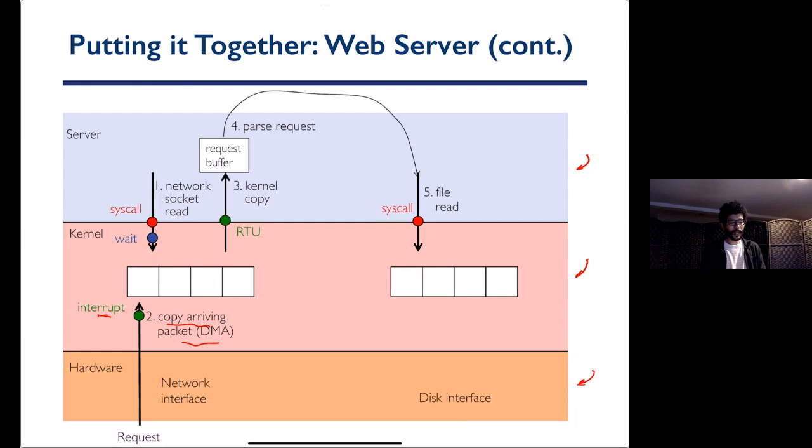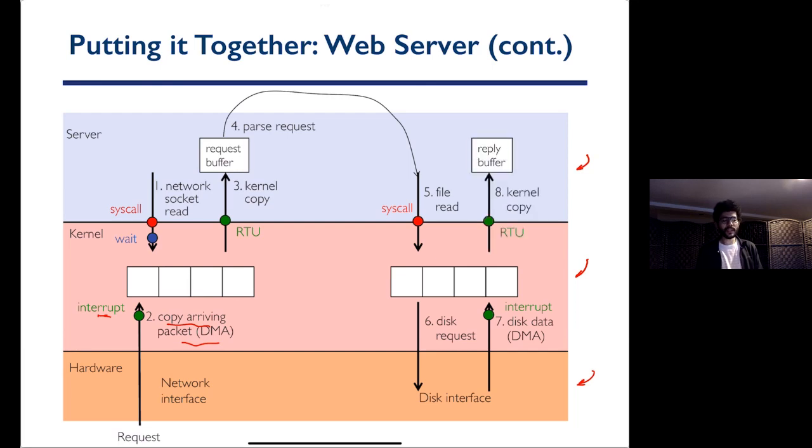So again, this happens. The disk request is issued to read the file that you want to read. Once the data is DMA'd to your memory, you have it in your buffer, and then eventually, once you have the data, you go back to the process.